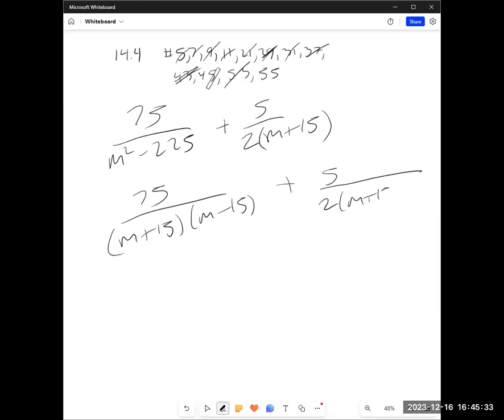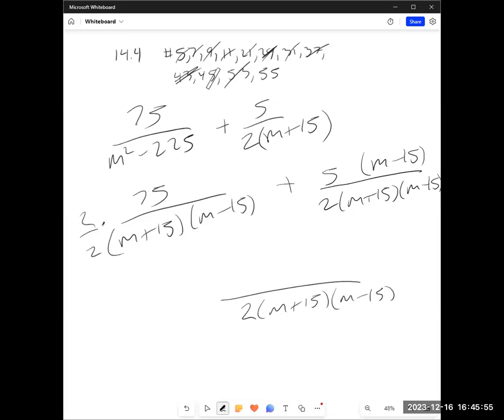Here I'm going to multiply by m minus 15 over m minus 15, and here I'm going to multiply by 2 over 2. That makes a common denominator of 2 times m plus 15 times m minus 15.